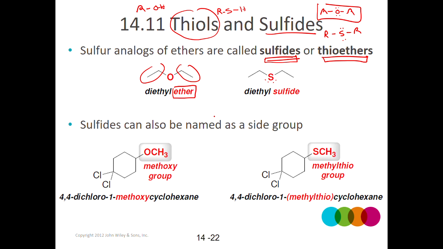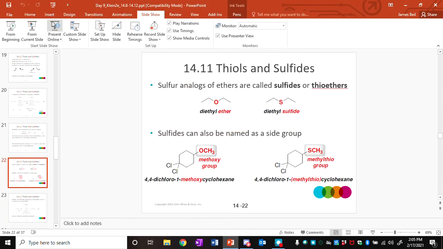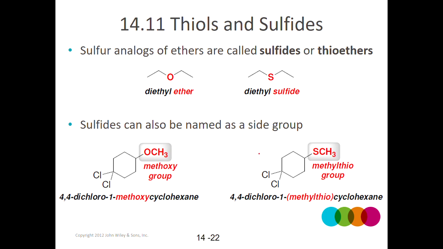A lot of times, though, trying to name both substituents on either side of the oxygen creates a challenge. So rather than just taking the oxygen as the parent name and naming both R groups as substituents, what you'll often see instead, as we talked about earlier, was naming one of the substituents on the oxygen as a parent.